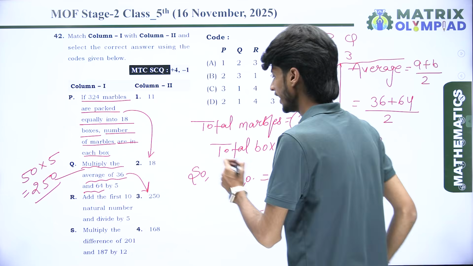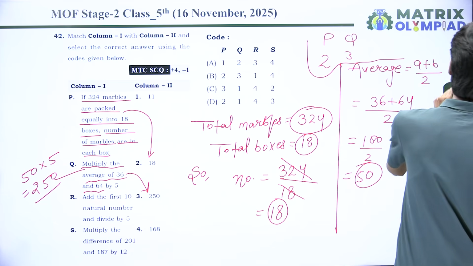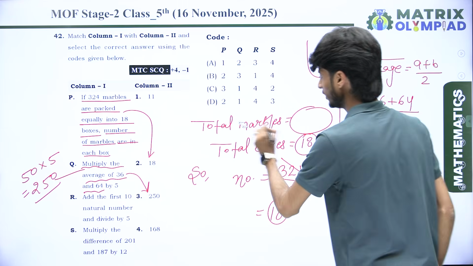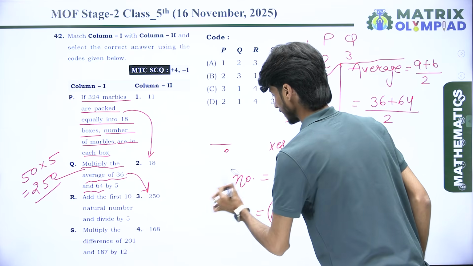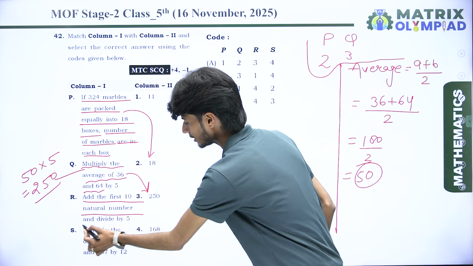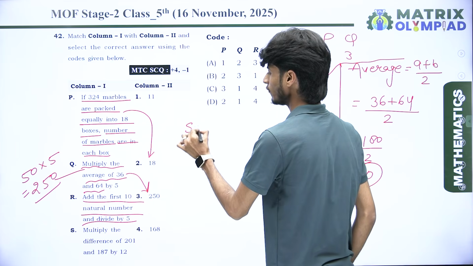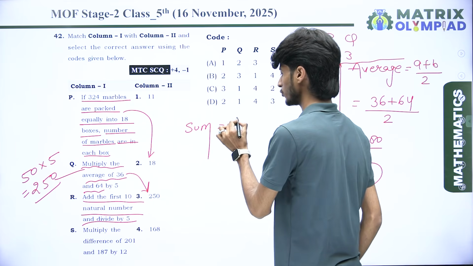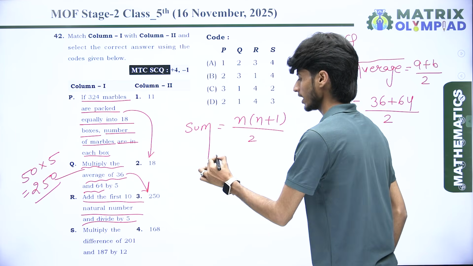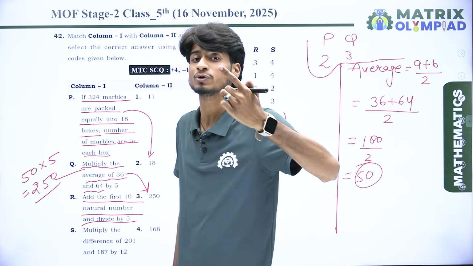What does it say? Add the first 10 natural numbers and divide by 5. First of all, we take some space on the board, so erase them. Now you see, add the first 10 natural numbers and divide by 5. You know very well, the sum of consecutive natural numbers is equal to n times n plus 1 divided by 2, and n represents the number of consecutive natural numbers you have.